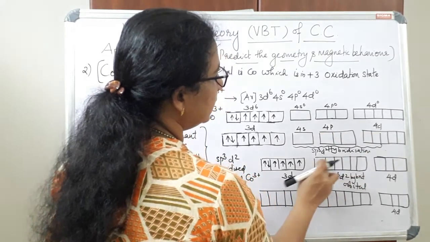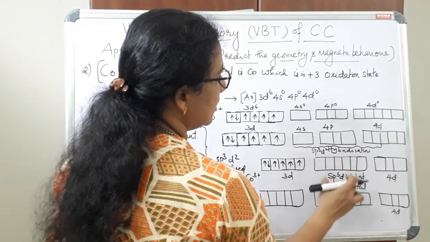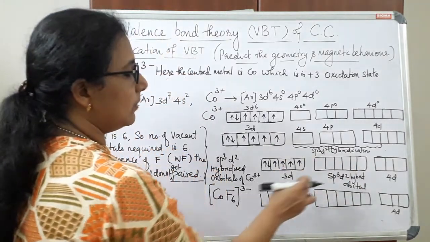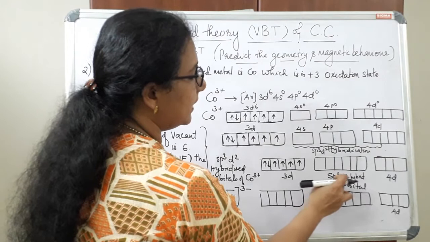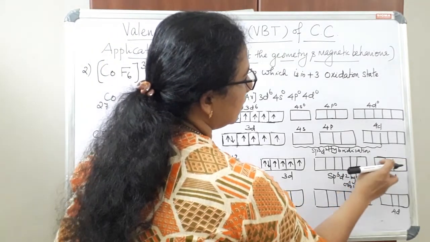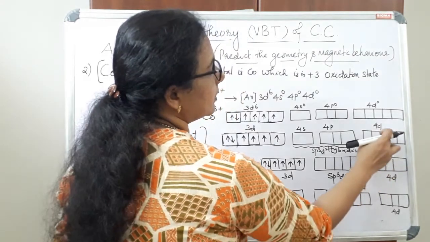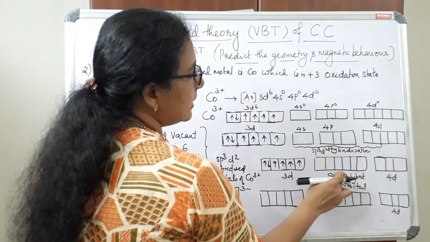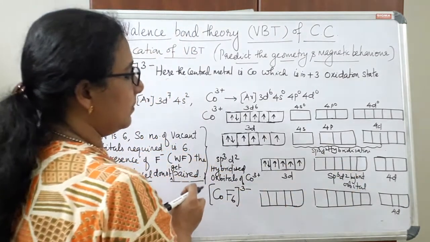So here also 1, 2, 3, 4, 5, 6. So these are the new set of hybrid orbitals. Now 3 4d orbitals are left. So this is the sp3d2 hybrid orbitals.